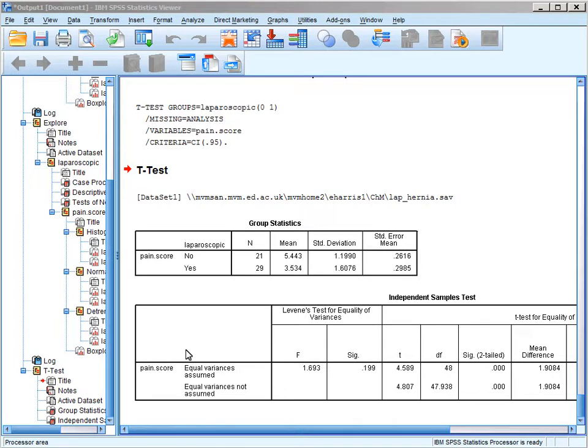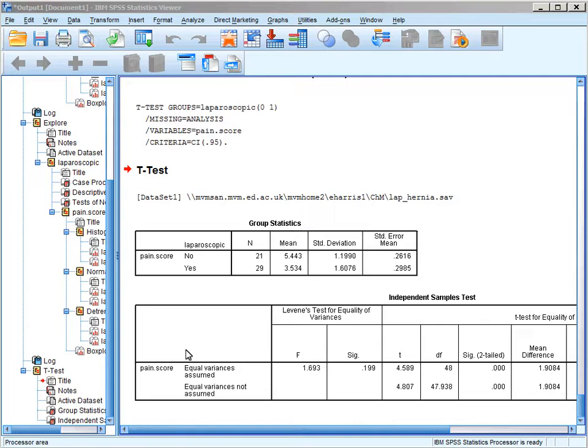We're just going to finish off now by looking at the non-parametric equivalent test. The circumstance where we would use that is if we weren't confident that we had a normal distribution between the two groups. It's important because the non-parametric test is not as good a test as the t-test, and you're more likely to miss a difference between the two groups.